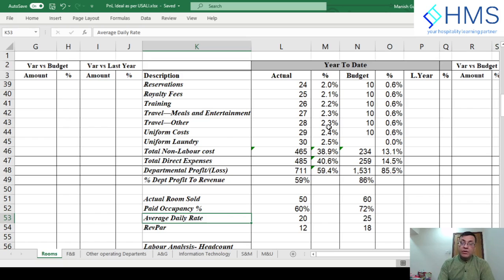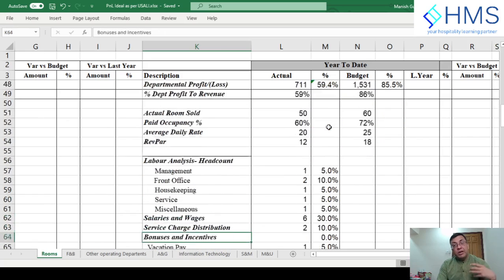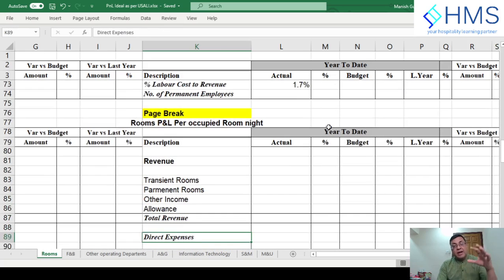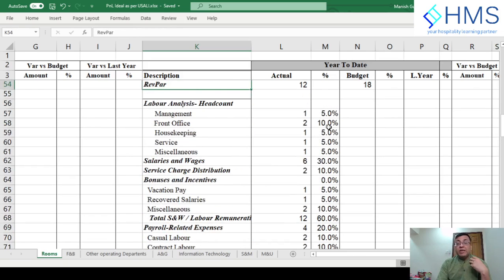Some good hotels will calculate the per occupied room cost automatically and attach it as a separate annexure to the main P&L. So this is how we normally read the profit and loss statement.